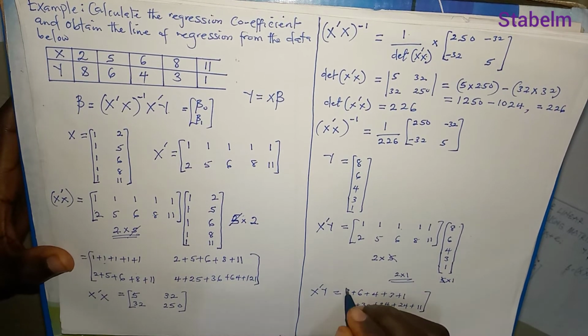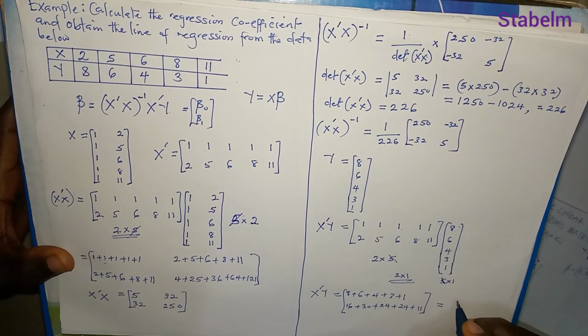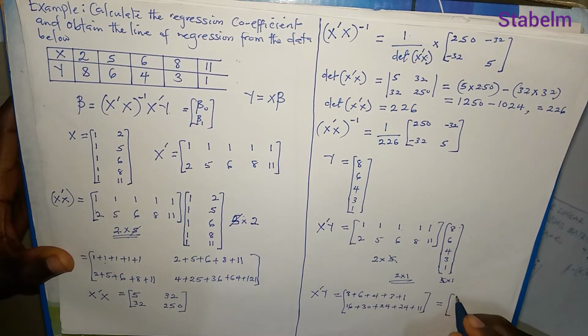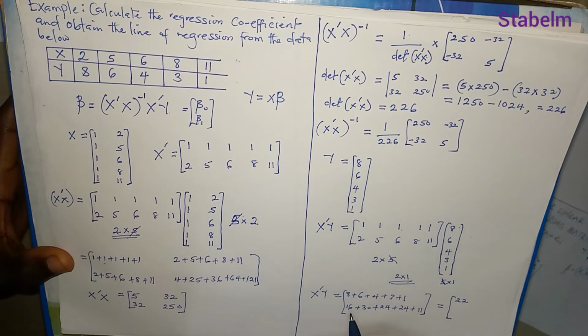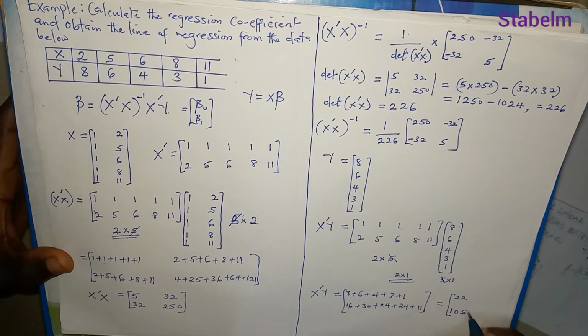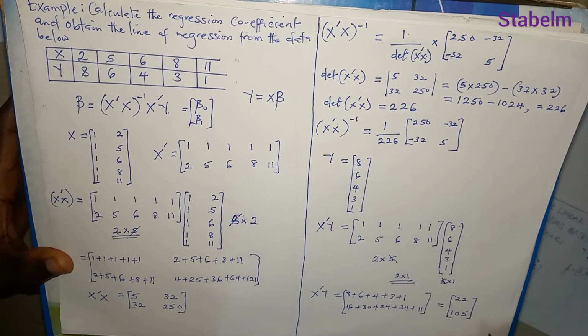So we're going to have this, and this will be equal to 8 plus 6 plus 4 plus 3 plus 1. This will give us 22, and multiplying the second row, 16 plus 30 plus 24 plus 24 plus 11, will give us 105.